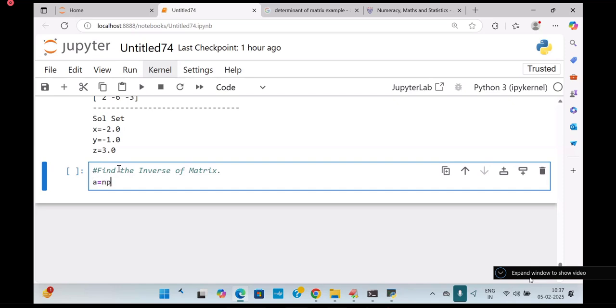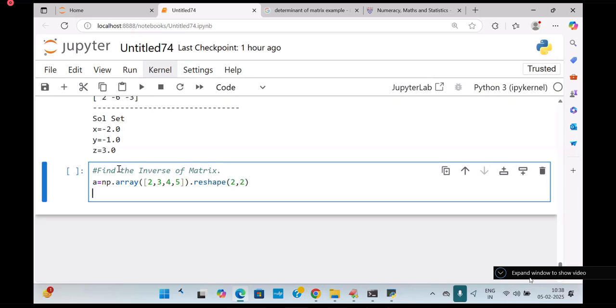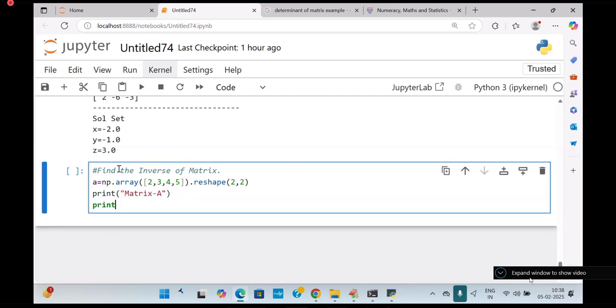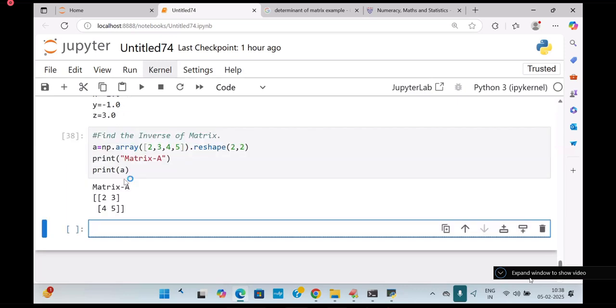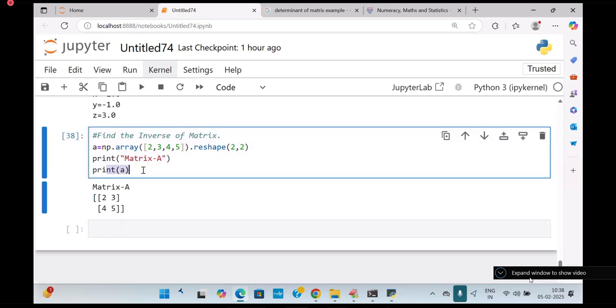A is equal to NP dot array of 2 comma 3 comma 4 comma 5, dot reshape of 2 comma 2. Print of matrix A. So you got it: 2, 3, 4, 5.